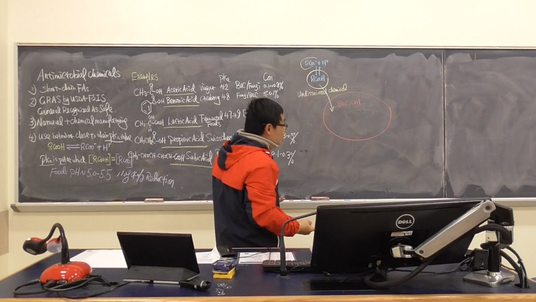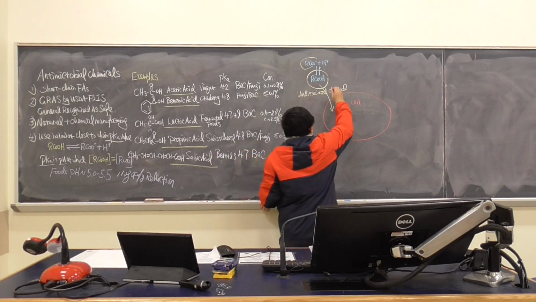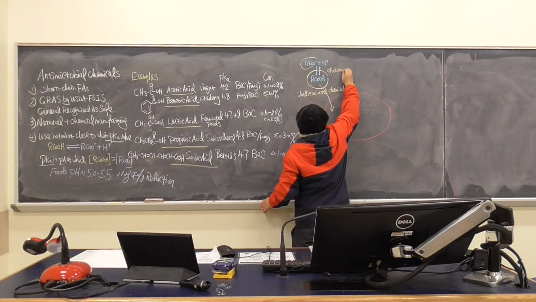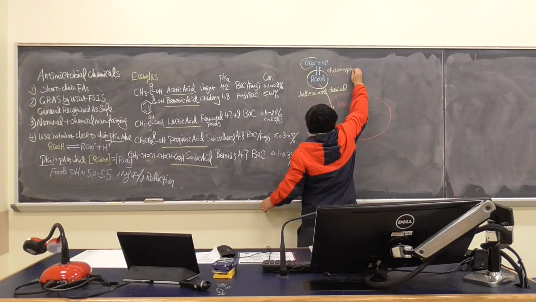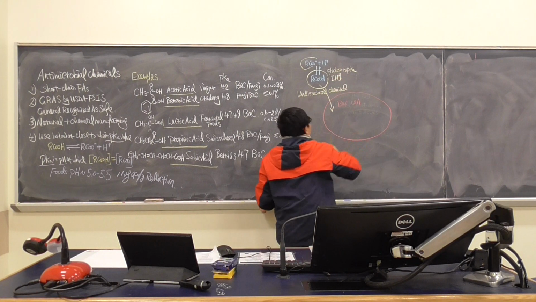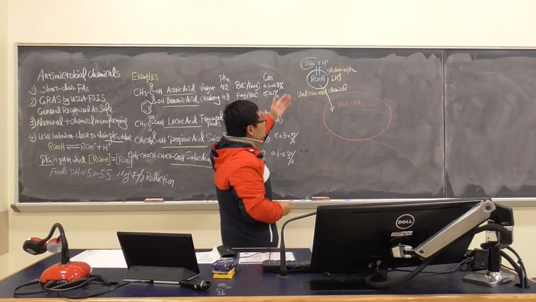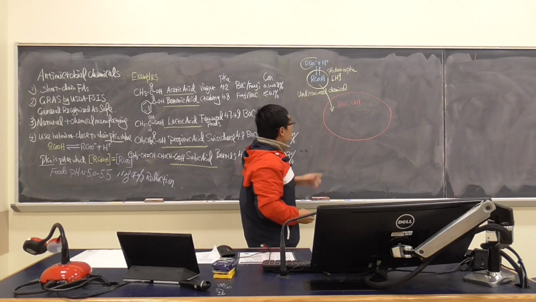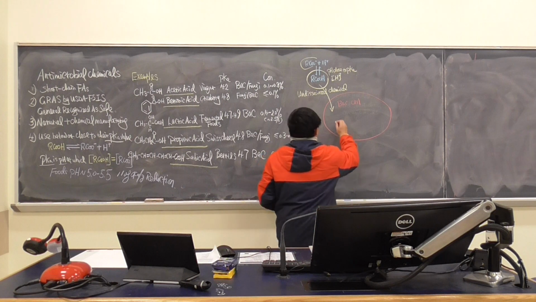That's the reason we need to prepare the solution with the pH close to the pK value. In other words, this guy's concentration needs to be high, so the reaction could go this way and become the undissociated form. When they come in, what do they do?